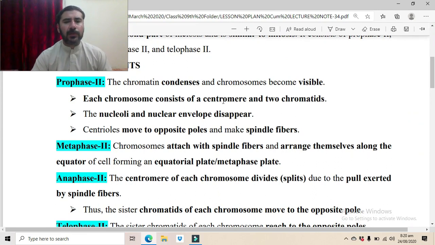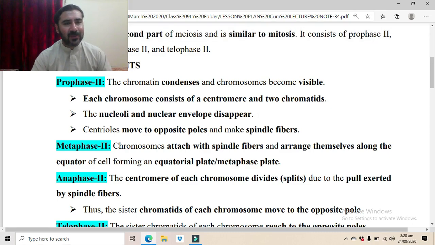So each chromosome consists of a centromere and the 2 chromatids. During the prophase, the nucleoli and nuclear envelope will disappear. This is as usual. We have studied in mitosis that in prophase the nucleoli and nuclear envelope disappear, and the same was the case in prophase 1 of meiosis 1.